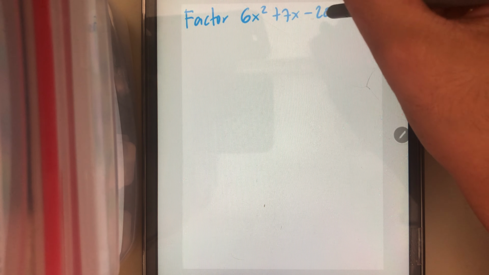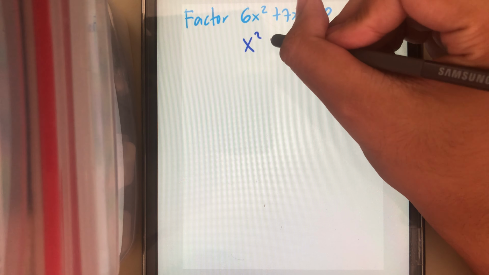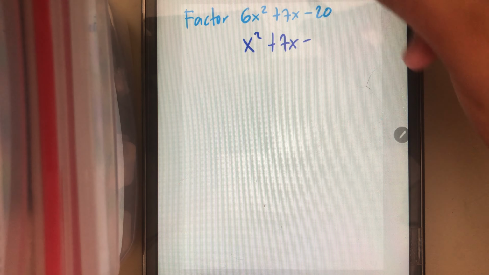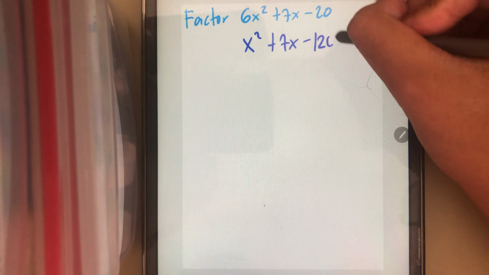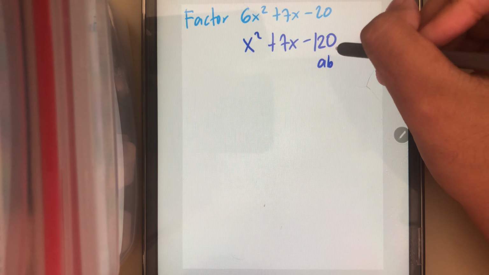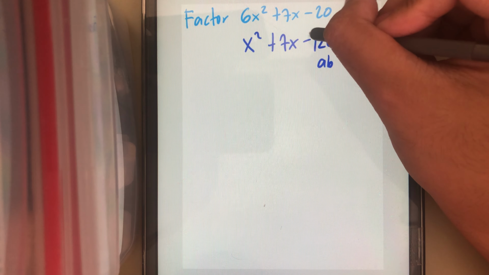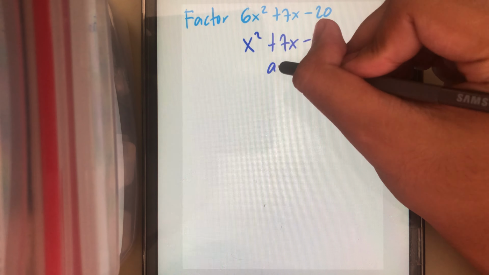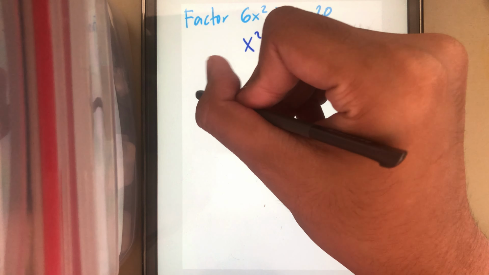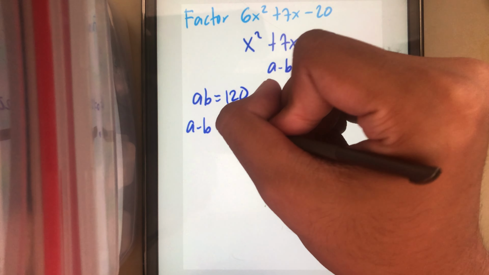So we can let this quadratic become x squared plus 7x minus 20 times 6, which is equal to 120, in which 120 is our AB, and 7x is, there's a minus sign, so it's A minus B. Minus sign before the constant. We put here AB is equal to 120 and then A minus B is equal to 7.